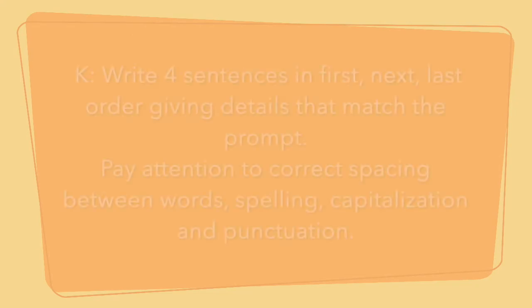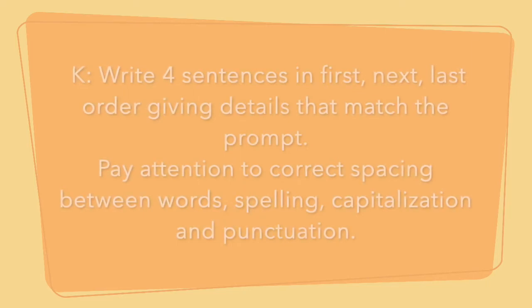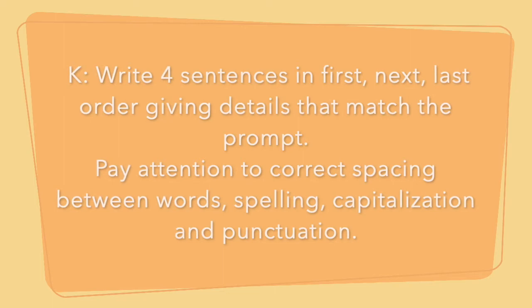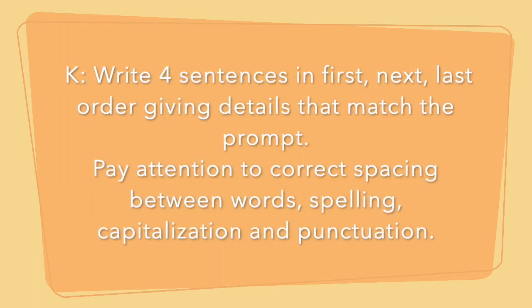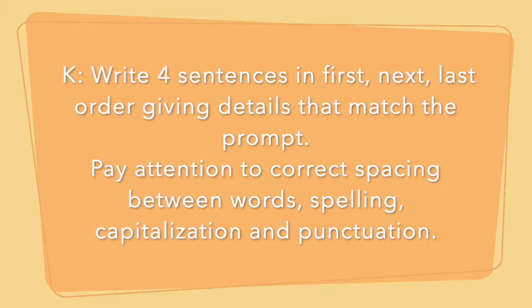So now, guys, let's have a quick reminder about what my expectations are for your writing response. Kindergarten, you're going to write a 4-sentence response about the prompt that I give you. And I want to know the characters in your story, who was there. I want to know the setting, where and when it took place. And I want to know the events that took place in first, next, and last order.